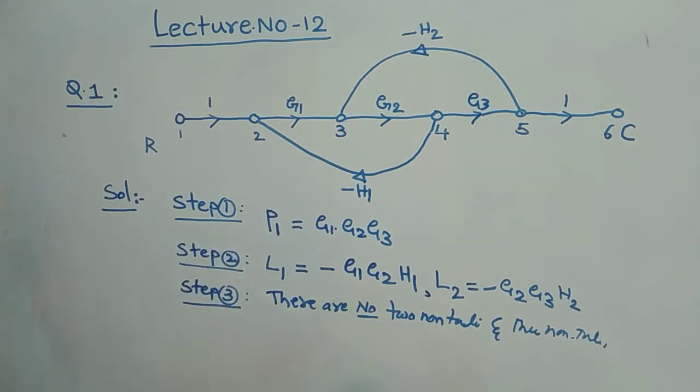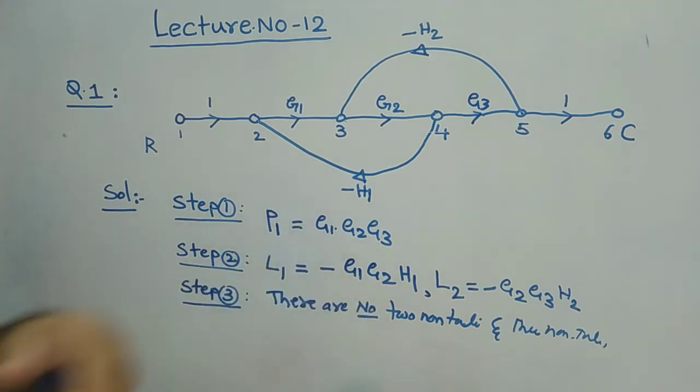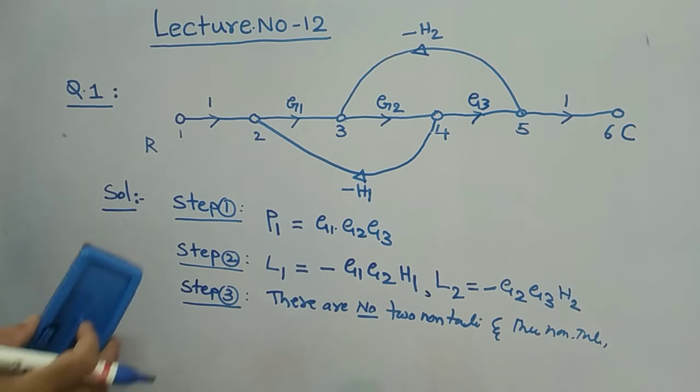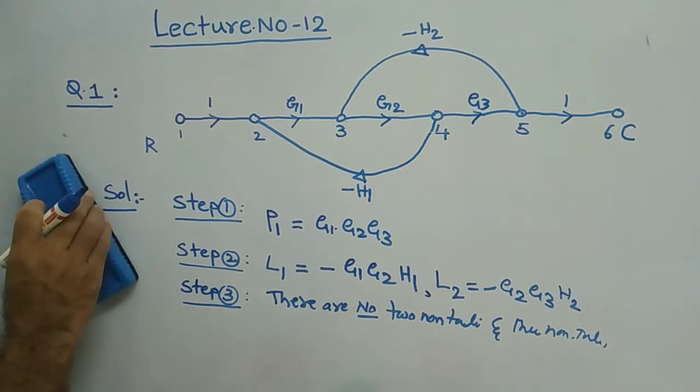That's all. That is step number 3. Therefore, two non-touching loops are not there. Is it not? Then coming to step number 4.